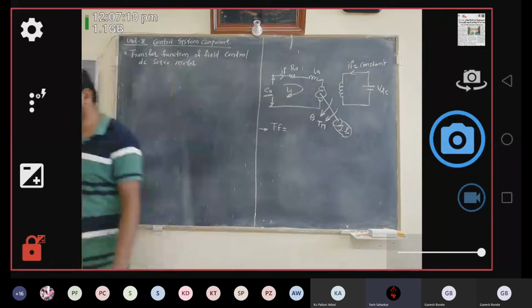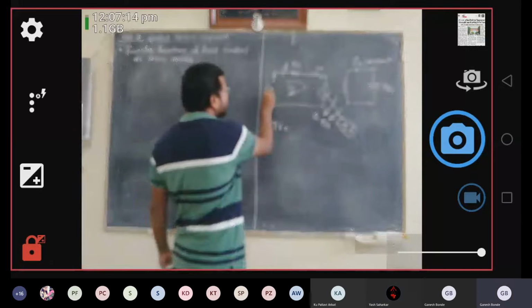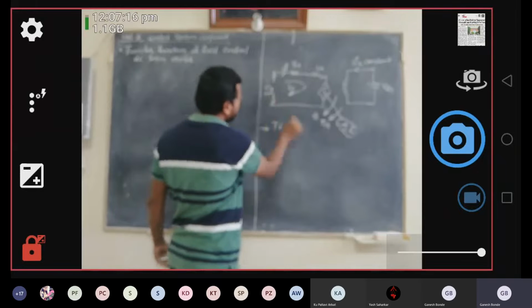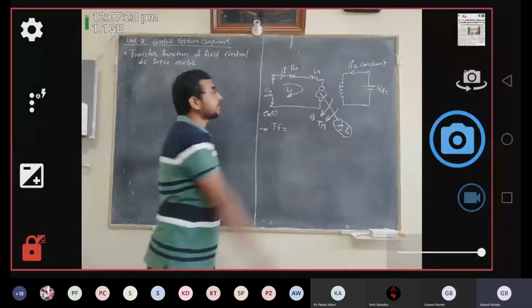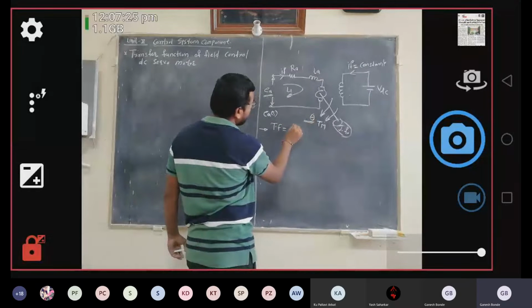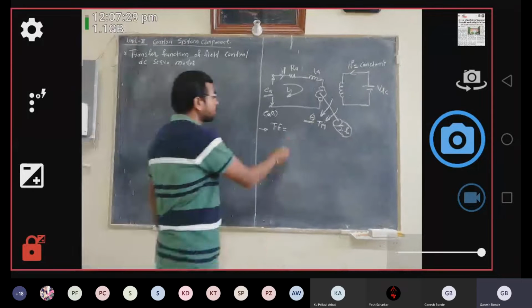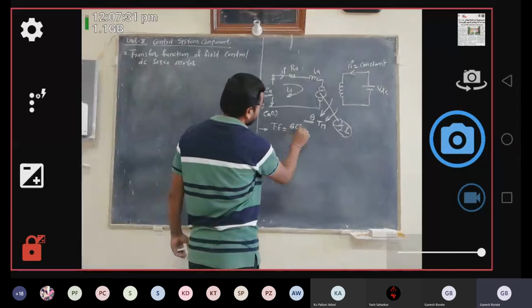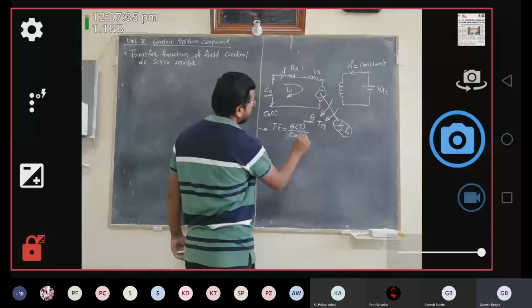EA of S. Right. So input is applied to the armature winding. So therefore its Laplace transform is EA of S, and the output of the machine is the displacement of the shaft, that is theta. So the transfer function can be defined as the ratio of Laplace of output to the Laplace of input. So therefore we are interested in finding the ratio of theta of S upon EA of S.